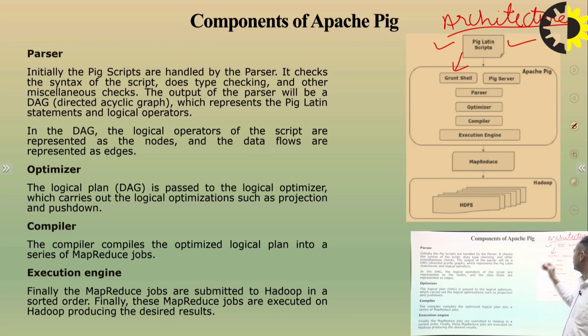This is the Grunt shell where we write our Pig Latin scripts. After writing our scripts in the Grunt shell, they go to the parser.